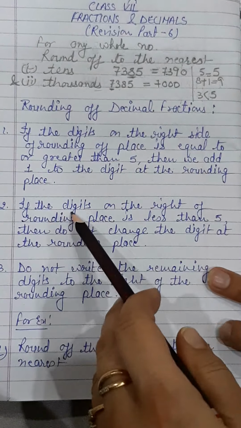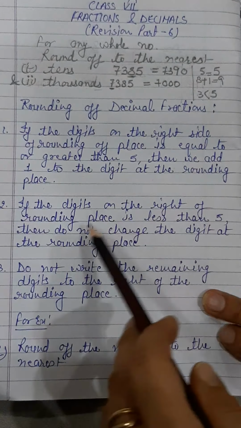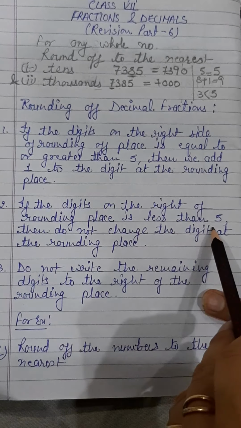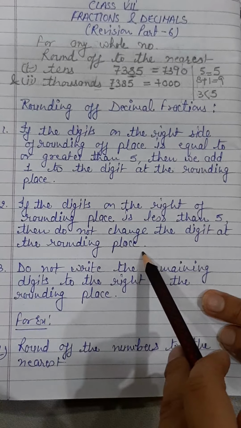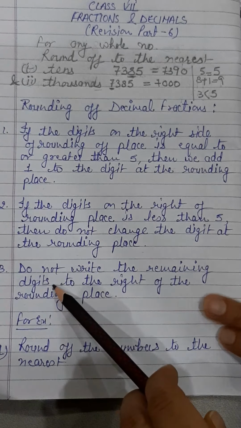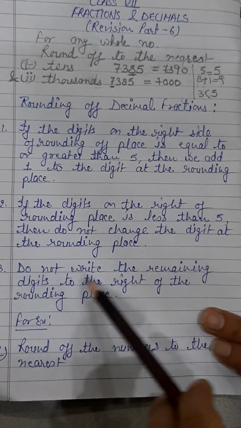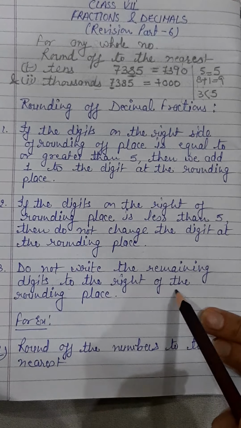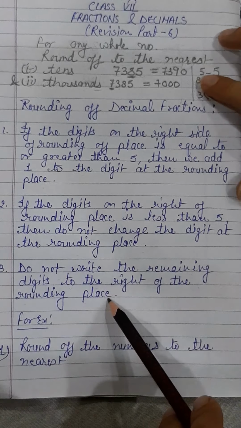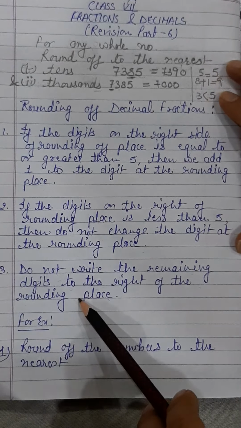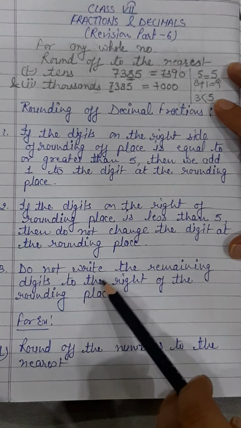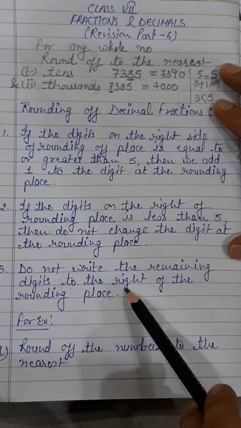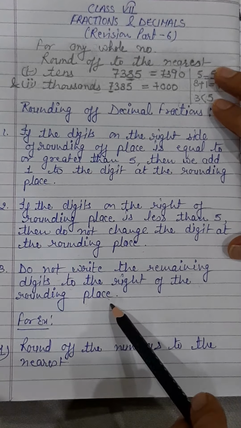If the digit on the right of the rounding place is less than 5, then do not change the digit at the rounding place. Do not write the remaining digits to the right of the rounding place. Here the third point you have to just learn. In a decimal fraction, we will not write the remaining digits to the right of the rounding place.